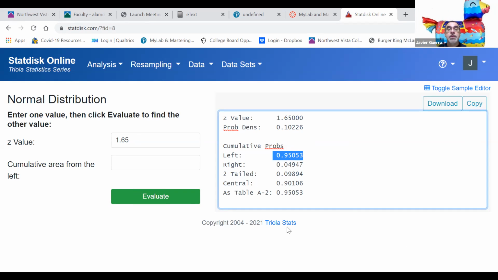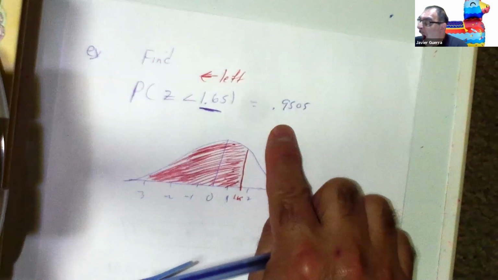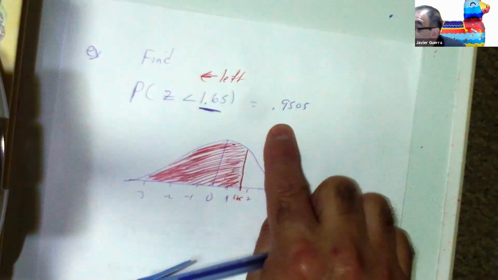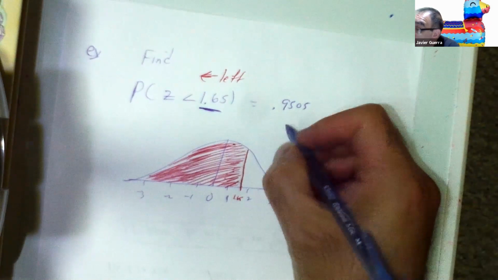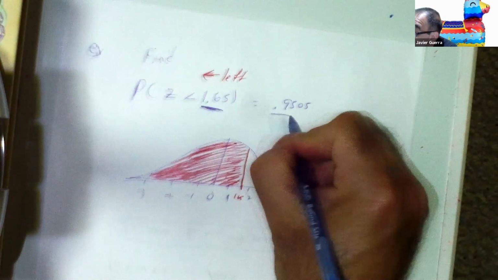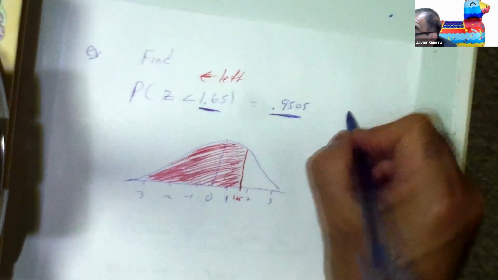The end. 0.9505. You can write it in that manner if you want, or you can write it as a percentage. You can write it as 95.05%.